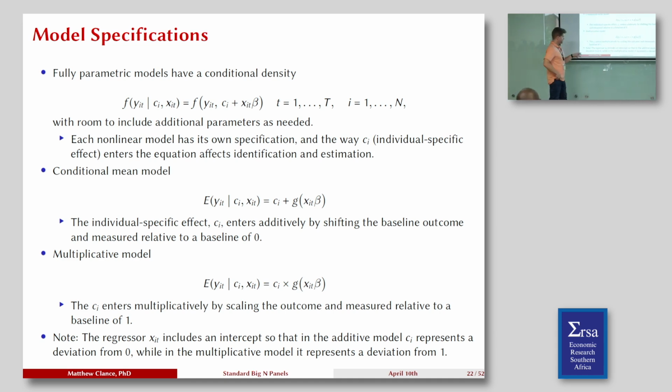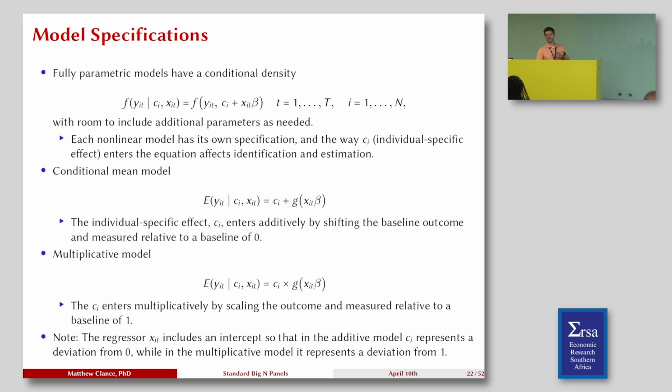Okay, so just note the regressors XIT include an intercept, just like always. So that in the additive model, the CI represents the deviation from 0, while in the multiplicative model, it's the deviation from 1. Okay, those are probably not as important for what you're going to be doing on the applied side.